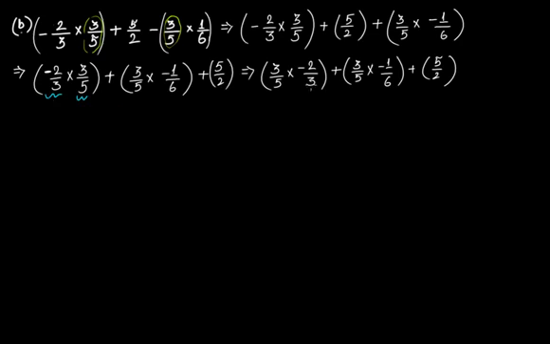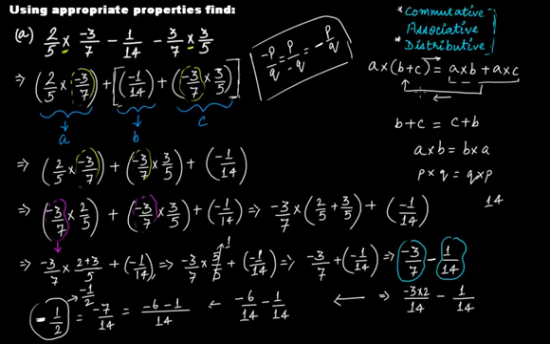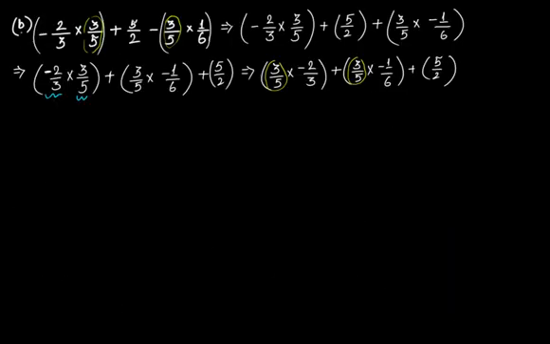Now 3 over 5 is here and 3 over 5 is here. In layman's terms, you will say that 3 over 5 is common. Just take this out. It is common, take this out. You will get this by the backward path of distributive property.